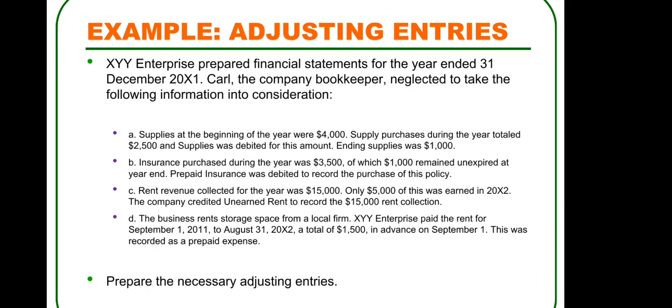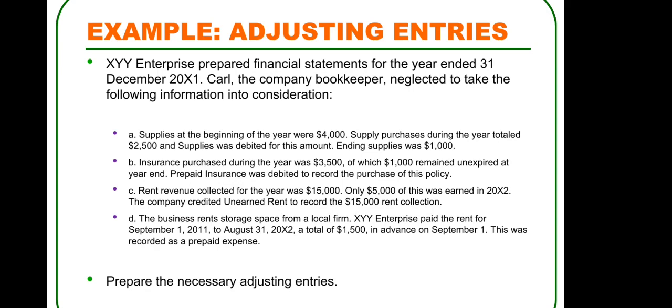The business pays first and uses the storage later. So when the business pays the rent on 1st of September 2000x1, the record has to be like this. Debit account prepaid rent, credit account cash.